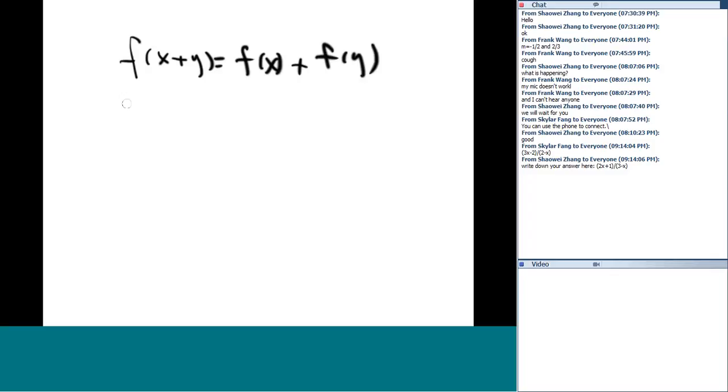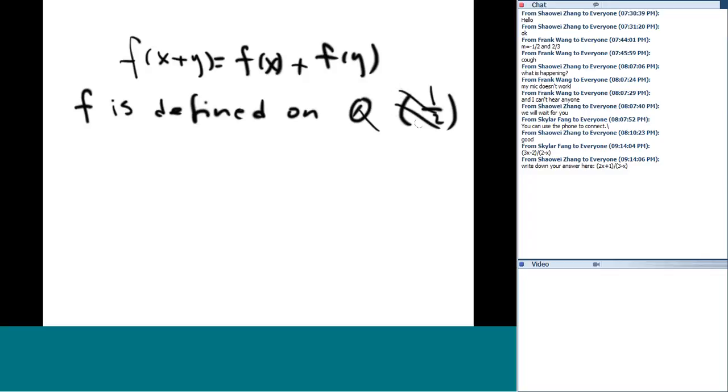Okay, let's make it simple. Assume f is defined just on the rational numbers, the fractions like 1, 2, 3. Then assume f(1) equals 1.